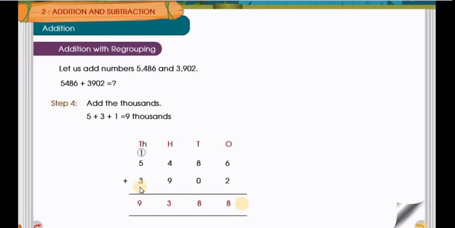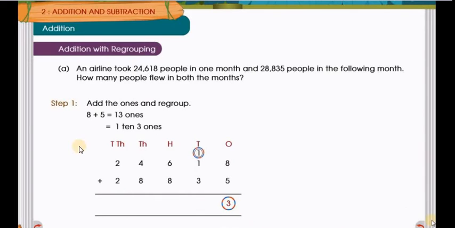So understood now how to add? Yes. So children, the sum of 5486 plus 3902 is how much? 9388. Okay children?